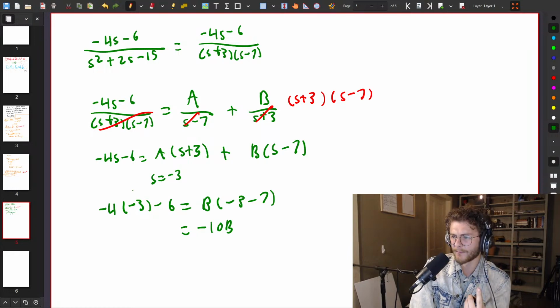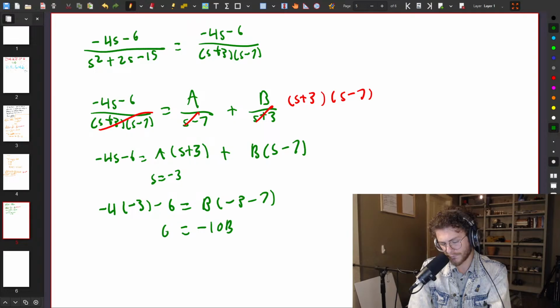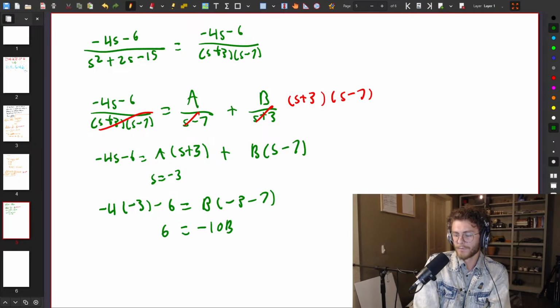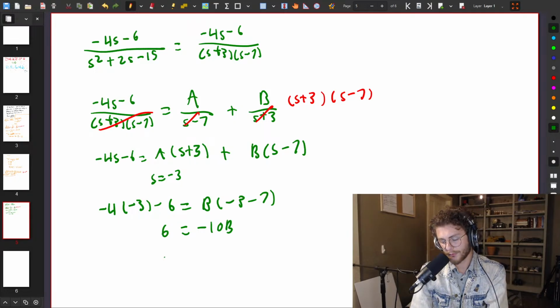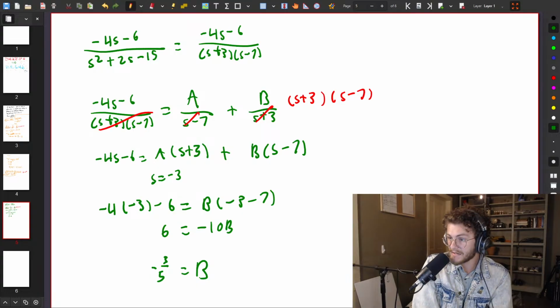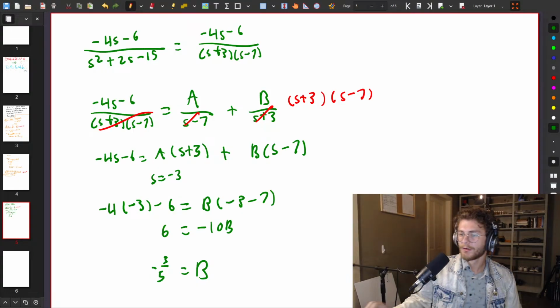That's positive 12 minus 6 is 6, which is equal to negative 3/5. And that's B. That makes more sense.